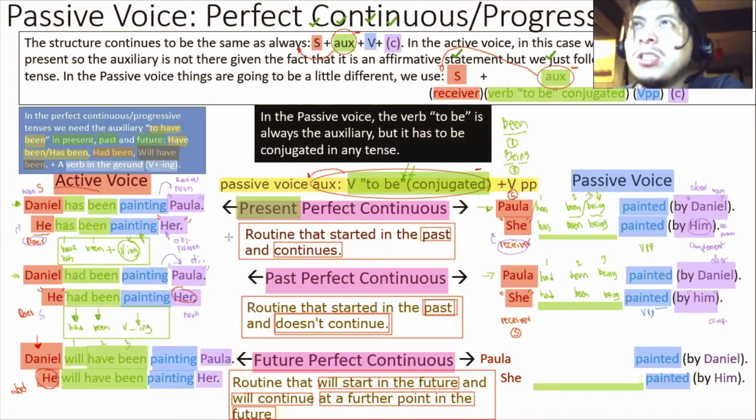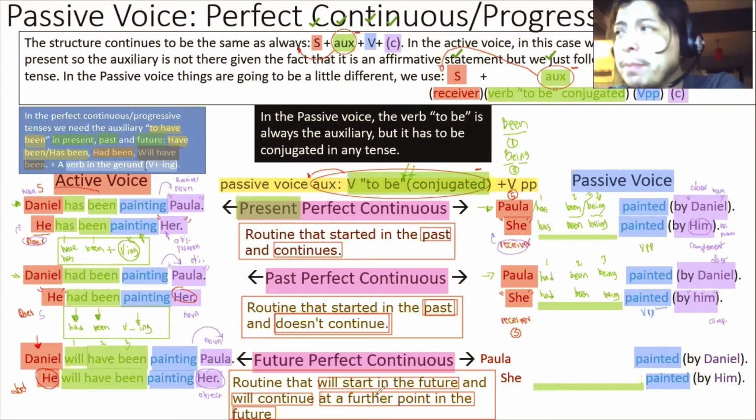Paula is the receiver, the person or the thing. It is a noun that is receiving the action of being painted. This is called the object. And objects are substituted for object pronouns if we want. This is optional, okay? If we want to substitute Paula, we use an object pronoun.